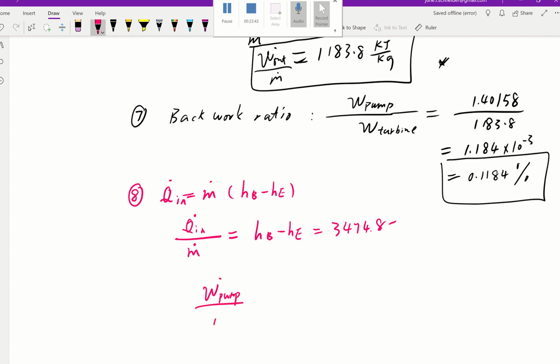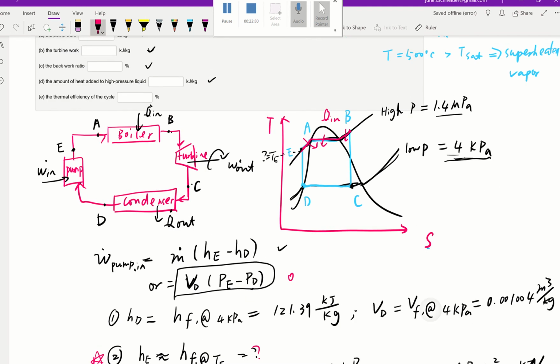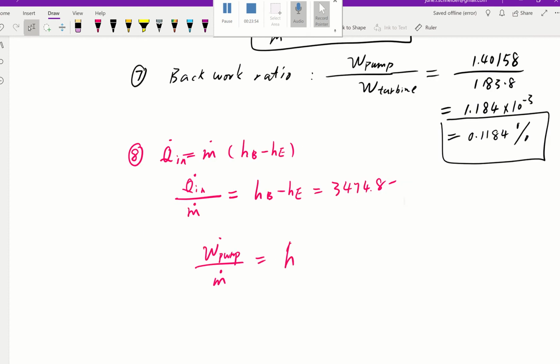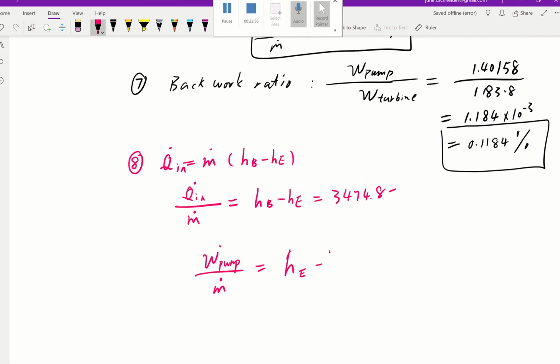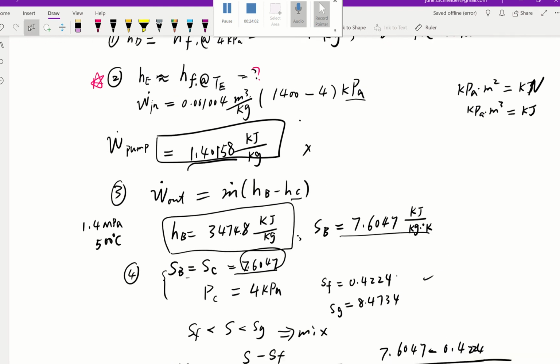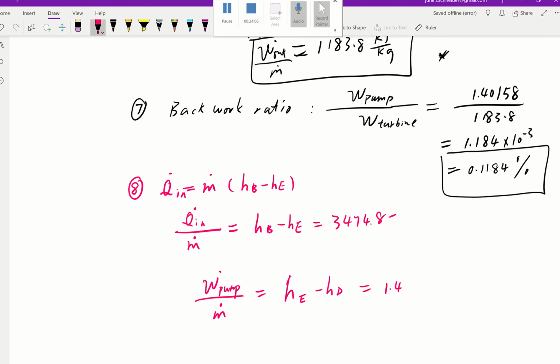That is also equal to the enthalpy change of E minus D, HE minus HD. And this pump work, you calculated using V times the pressure difference, as 1.40158.